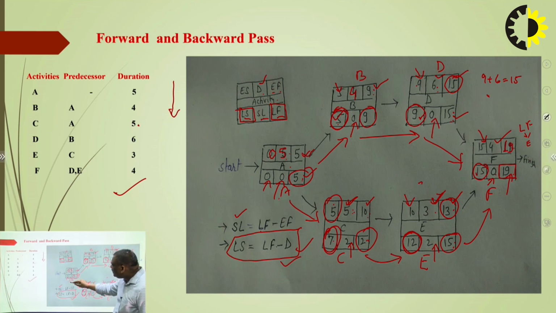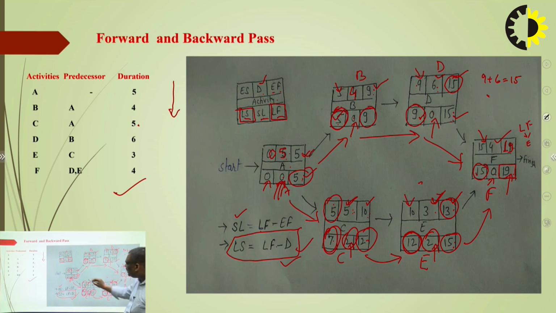That means where the float value is minimum, we choose that path. Here the float value is 0, but in the second path the float value is 2, which is more, so it is not minimum compared to the first path.